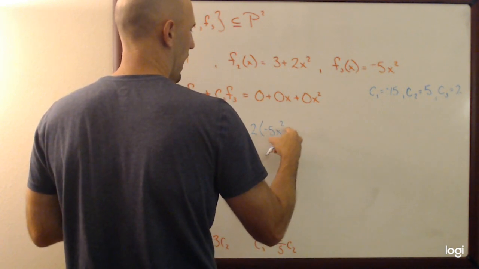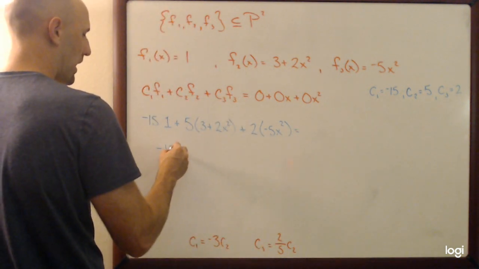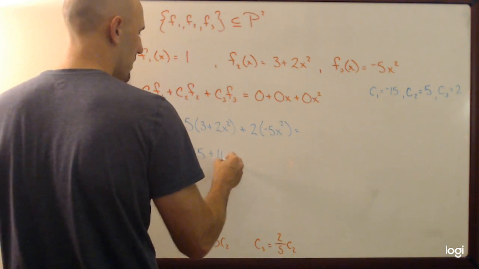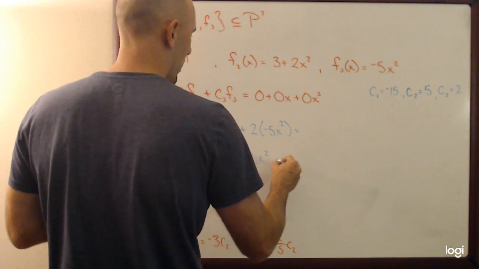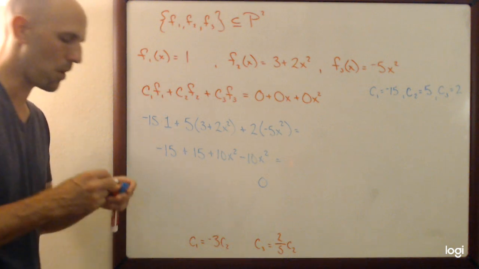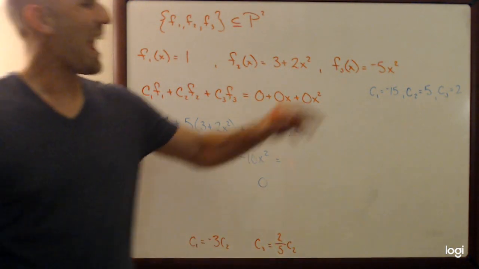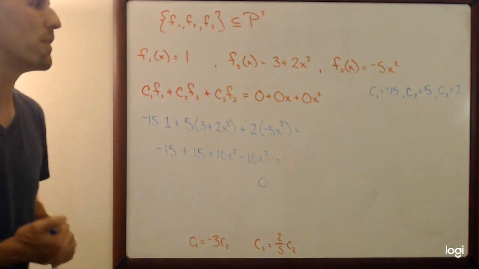Let's see what I get. Okay, expanding everything, I get negative 15 plus 15 plus 10x squared minus 10x squared. Sure enough, that is 0, right? 0 plus 0x plus 0x squared. This works, right? I have a solution here that does not involve all my coefficients being 0.